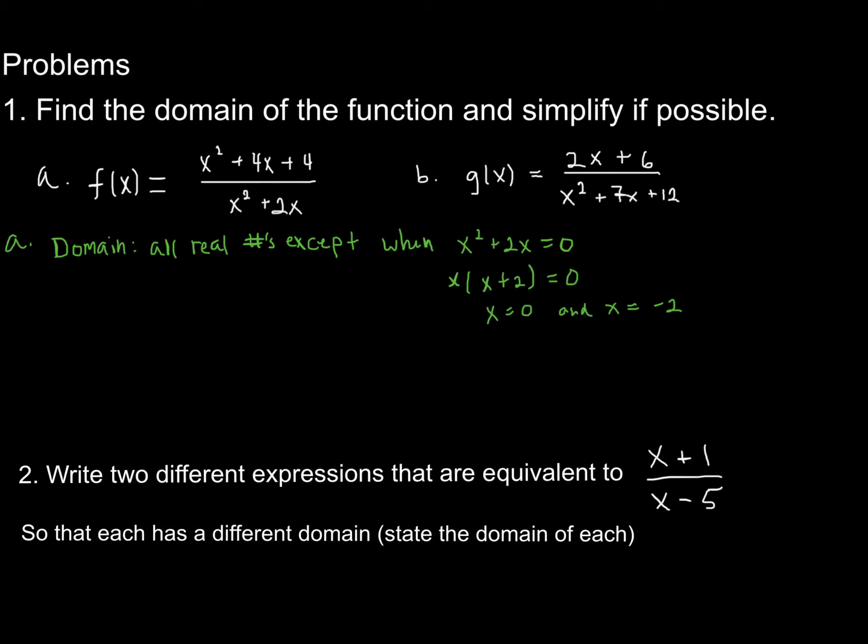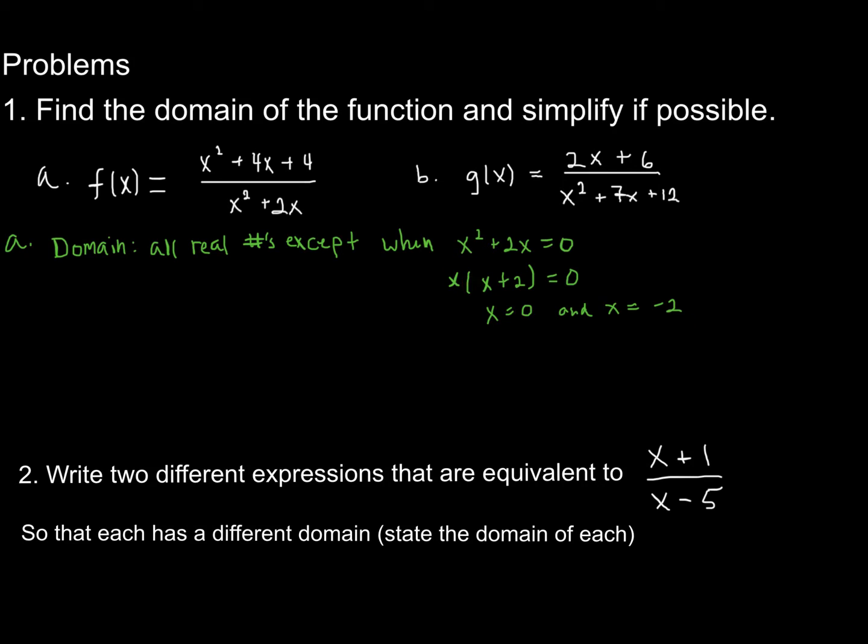Looking for the domain, we know that the domain is all the x values except any that make the denominator equal to 0. So we have all real numbers except when our denominator equals 0. When we set our denominator equal to 0, we can solve by factoring, and we get x equals 0 and x equals -2.